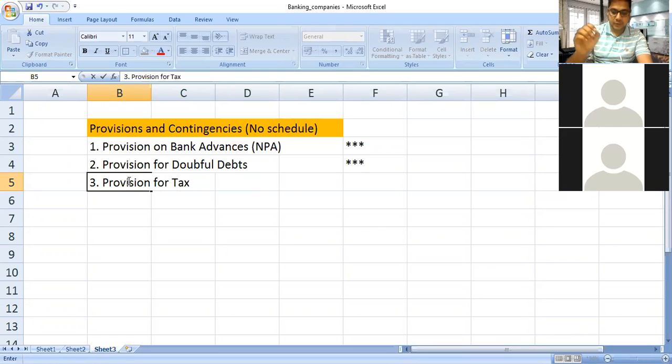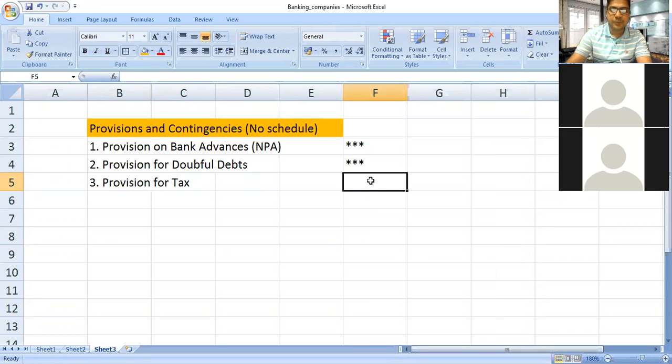tax. It is very important, and how we will calculate the provision for tax is very important whenever we talk about the final account of the banking company. Whenever we have to find out the provision for tax, how will we calculate?